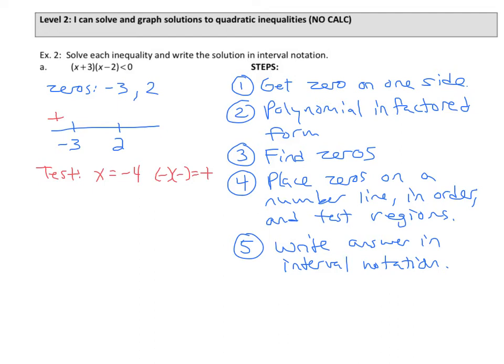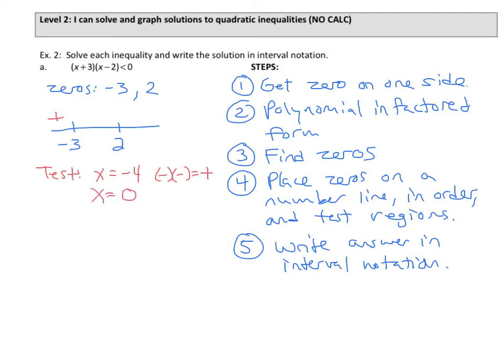Okay, so now I test my next region, and I'm going to pick a number in between -3 and 2. An easy number to pick would be 0. So I'm going to test x equals 0.